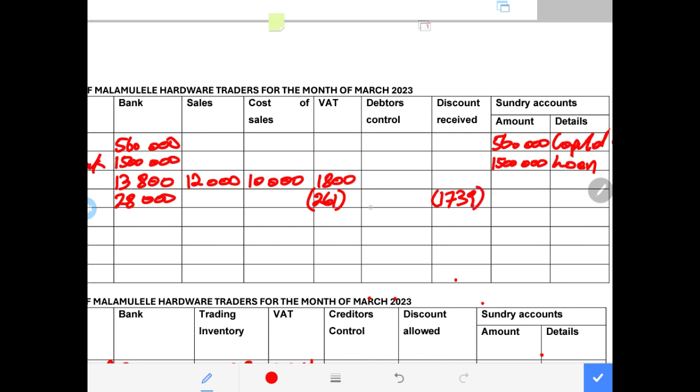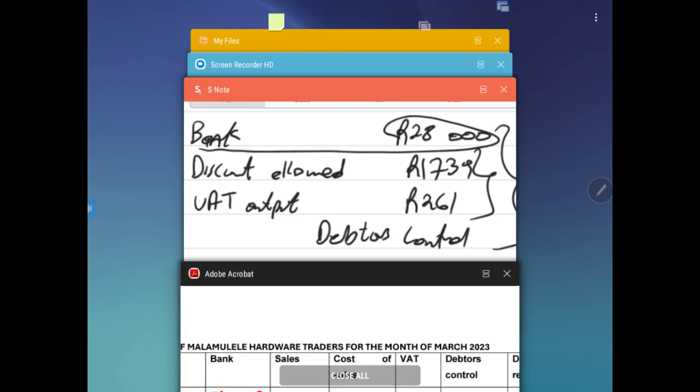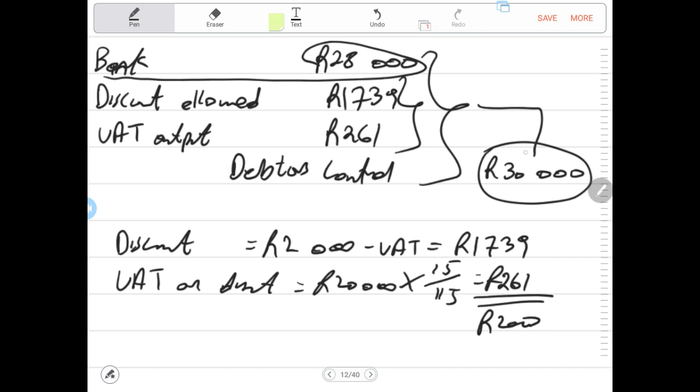Under debtors control, we have the entire 30,000 rands that the debtor was owing us. We need to write off the account of the customer.